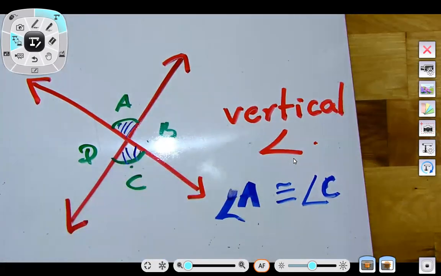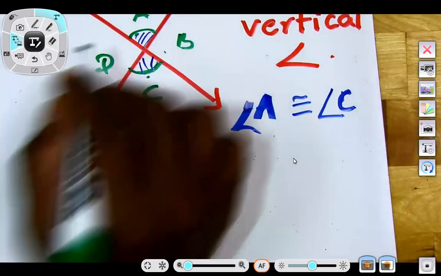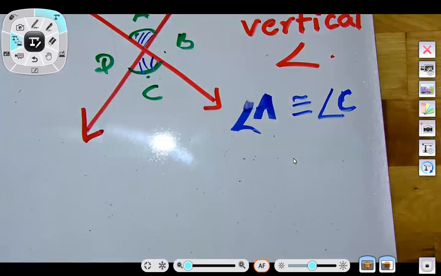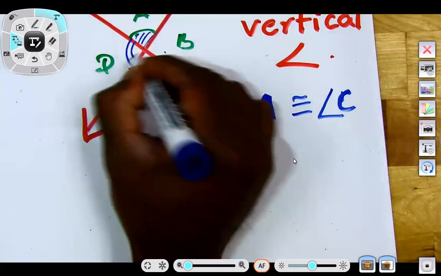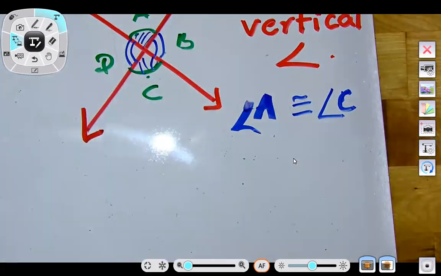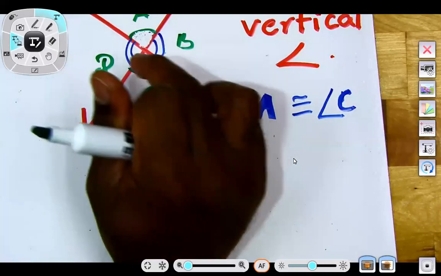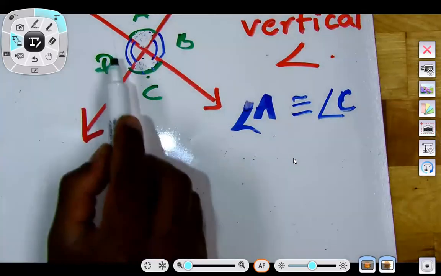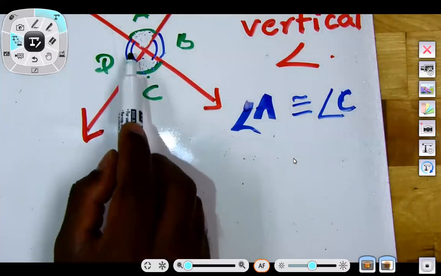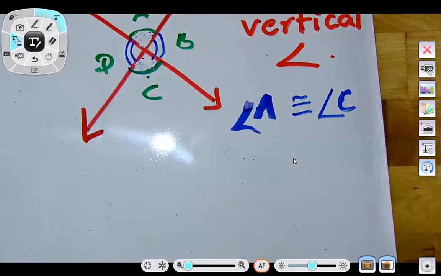In the meantime, if you take these two angles, angle D and B, or B and D, they are vertical too, because they are not right next to each other but they are opposite, and the two lines are intersecting or crossing, okay?